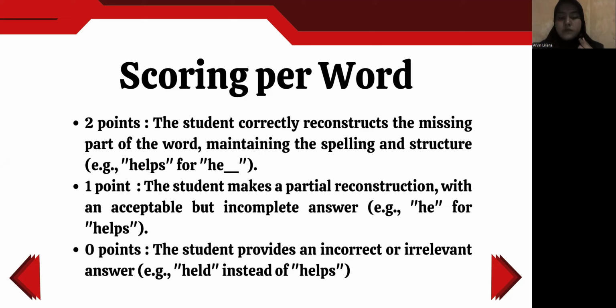The student can get 2 points if they can answer correctly without missing one letter. But if the student answers correctly but is missing one letter in a word, they will get 1 point. 1 point is for a student who makes a partial reconstruction with an acceptable but incomplete answer.